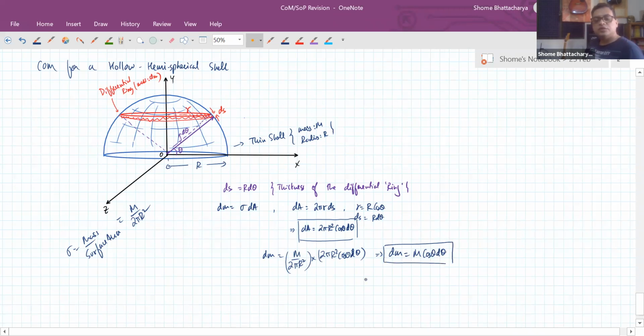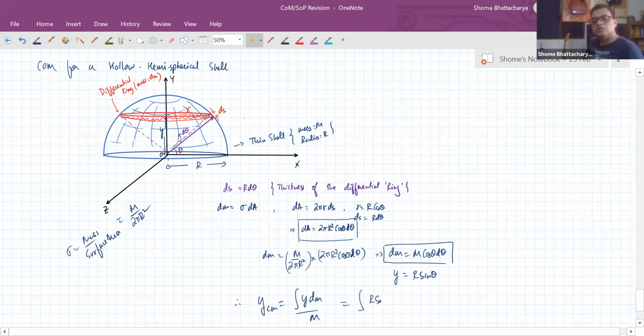And the y coordinate of its center of mass is over here. You can see this is the y coordinate. So that is R sine theta. So the system's y coordinate of center of mass will be integration y dm divided by total mass.